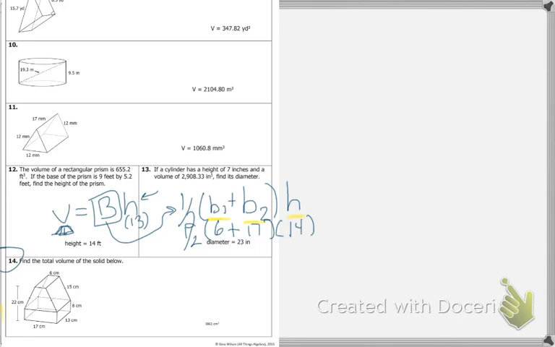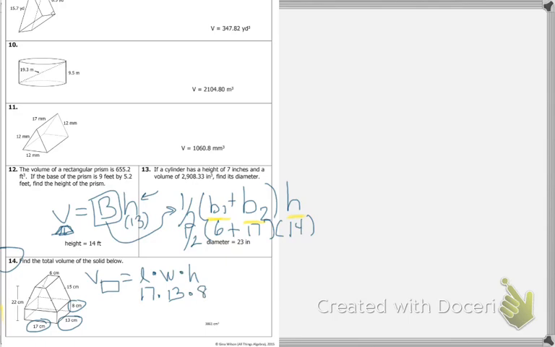Now, if you want me to follow and finish this, we have the volume of the trapezoid. Now we need the volume of the rectangular prism. Okay? We need length, width, and height.